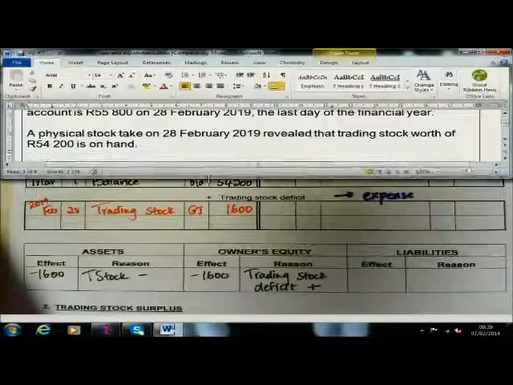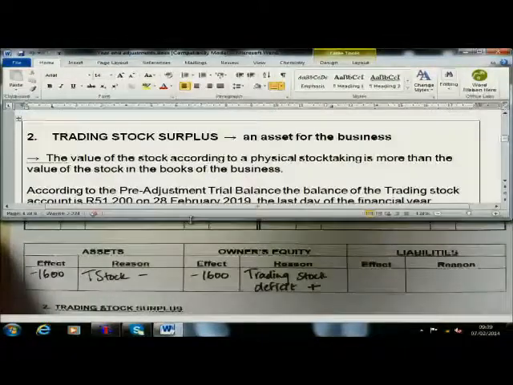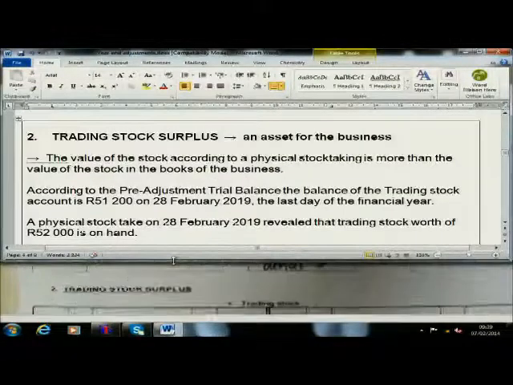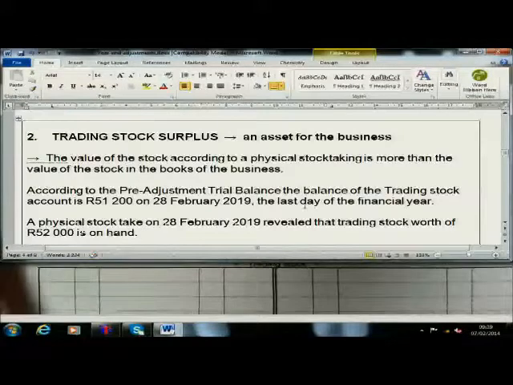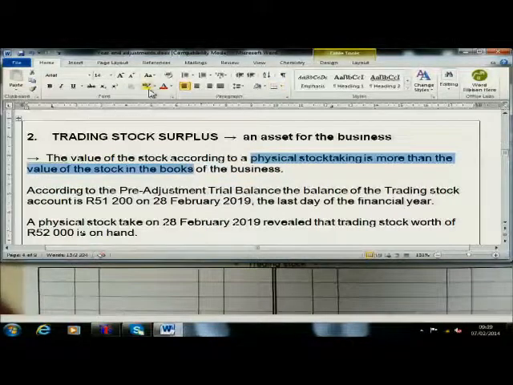Okay, the second one is trading stock surplus. This is exactly the opposite of what we just did. The value of the stock according to a physical stock taking is more than the value of the stock in the books of the business. Now you can ask me the reasons for this.